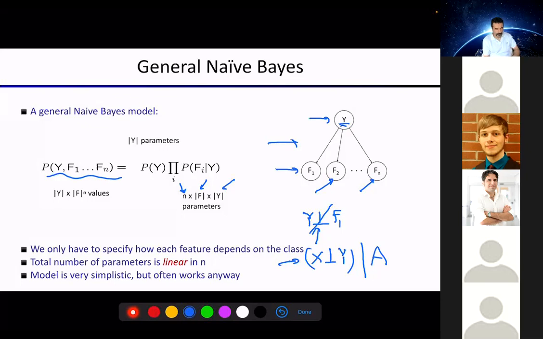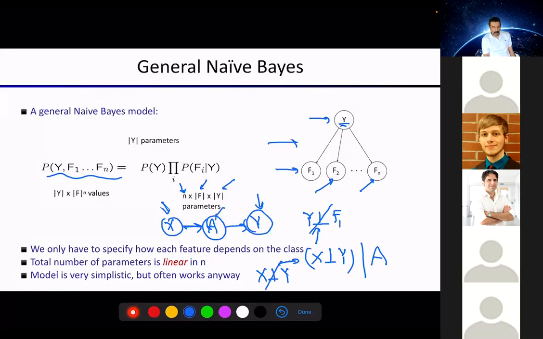So for example, when we have X, then we have A, then we have Y. By looking at this structure, we know that X and Y are dependent, because this structure implies that X and Y are not independent, since they are dependent through A, right?